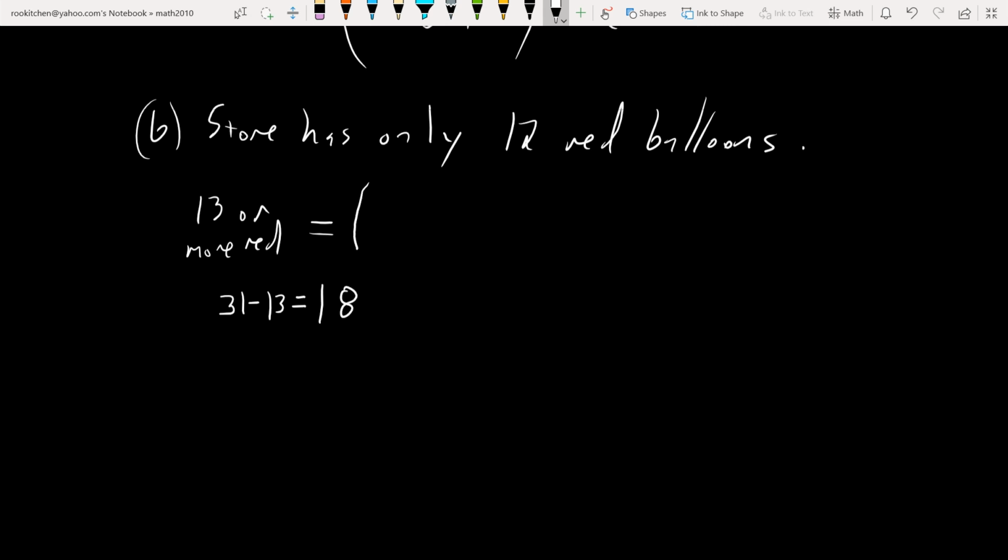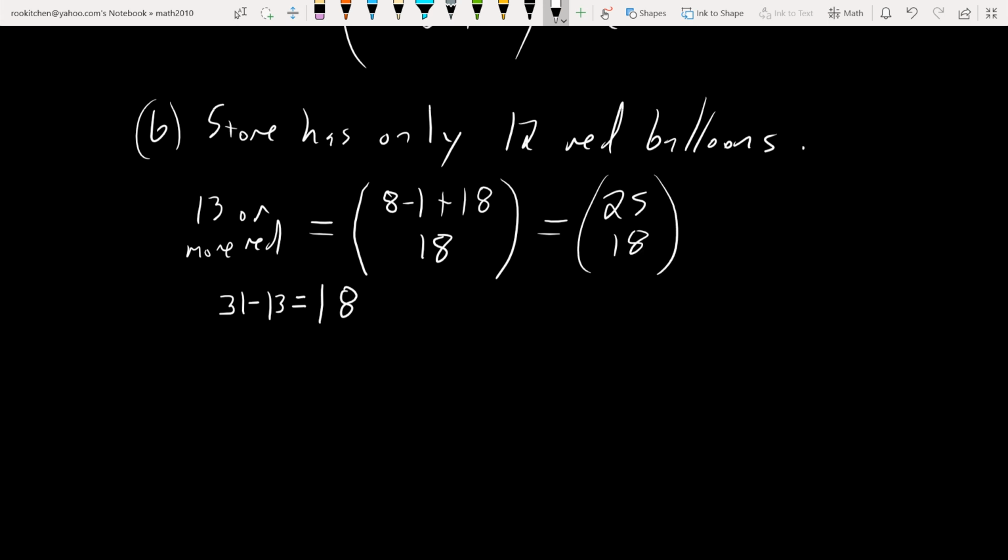So again, how many slots are there? There's going to be 8 minus one of those, and then we're placing 18 X's in there. So the number of combinations with 13 or more red balloons will be 25 choose 18.